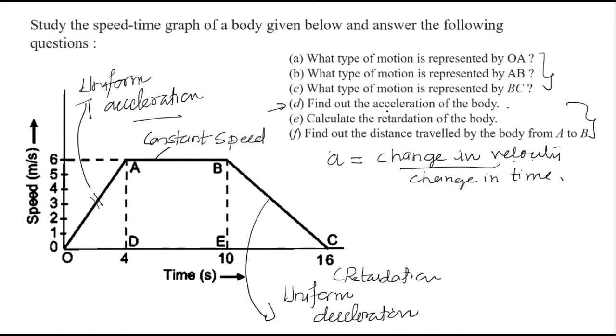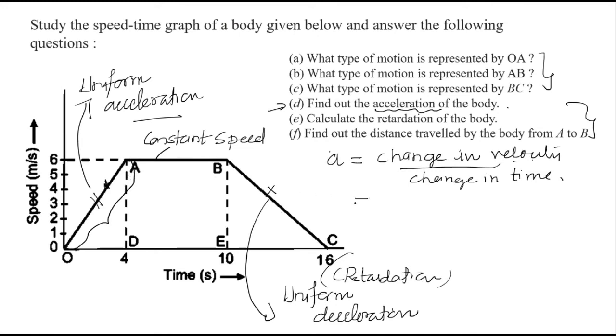So what is the acceleration of the body? They are asking only acceleration, they are not asking a retardation. So we need not bother about the motion from B to C because it indicates retardation. And what is acceleration? Acceleration is here, O to A. So we have to find out how much is the acceleration, and from O to A how much is the change in velocity?